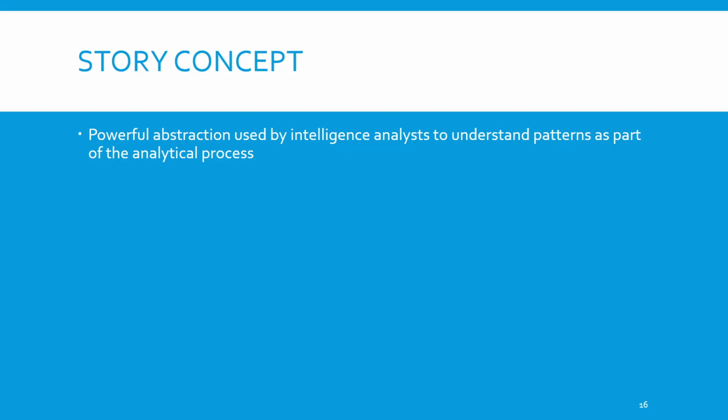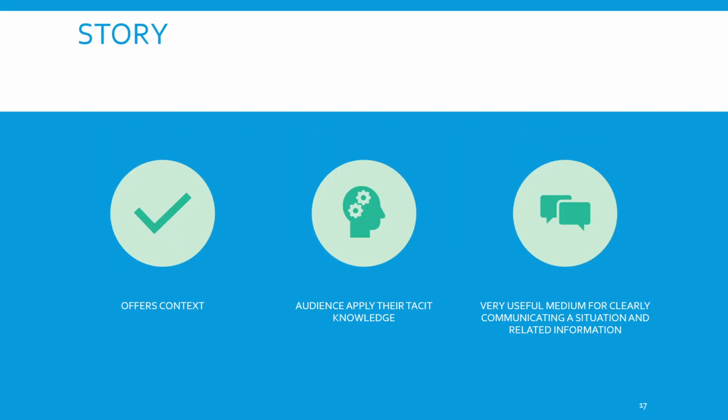The story is a powerful abstraction used by intelligence analysts to understand patterns, and it is part of that analytic process. And when we have a story, we need to offer a context. We need to understand the audience, and we need to understand their tacit knowledge. We need to know what they expect or what they already know, because remember that knowledge is built on top of previous information.